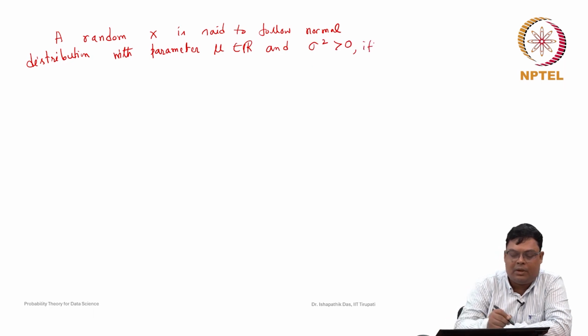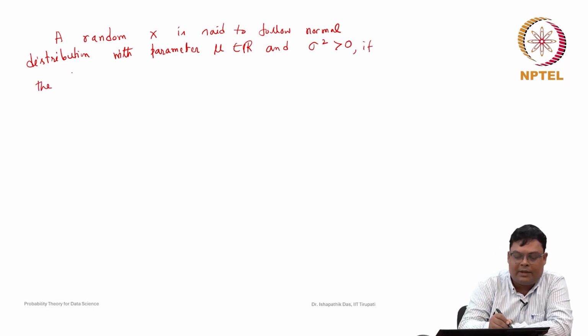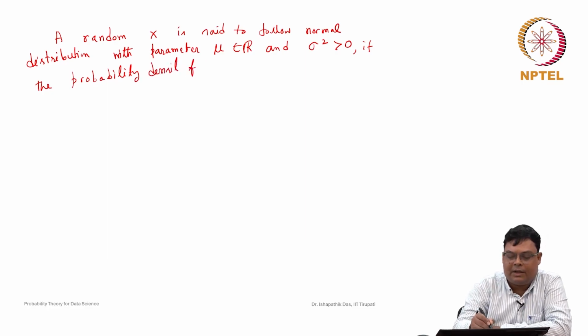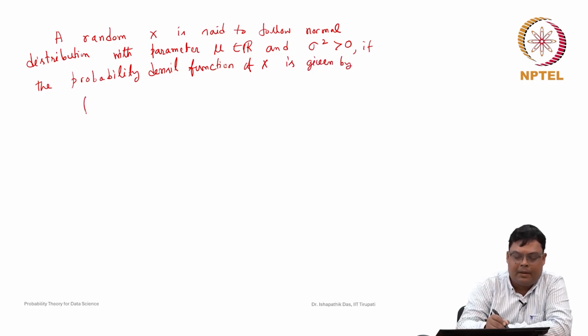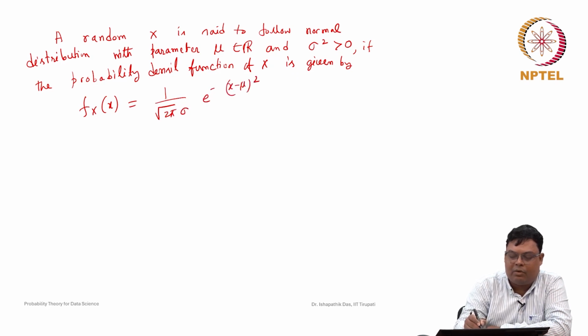If the probability density function of x is given by f of x, which is nothing but 1 by root 2 pi sigma e to the power of minus (x minus mu) whole square by 2 sigma square.